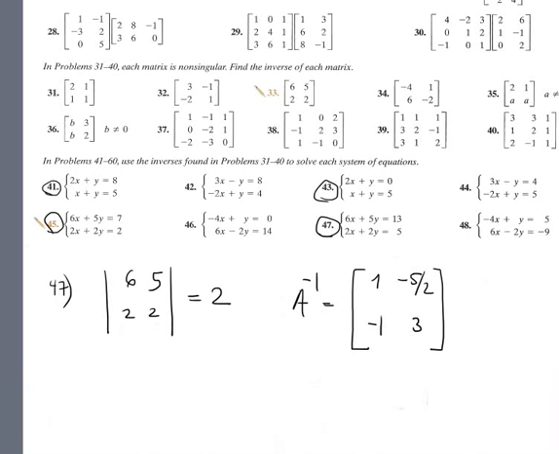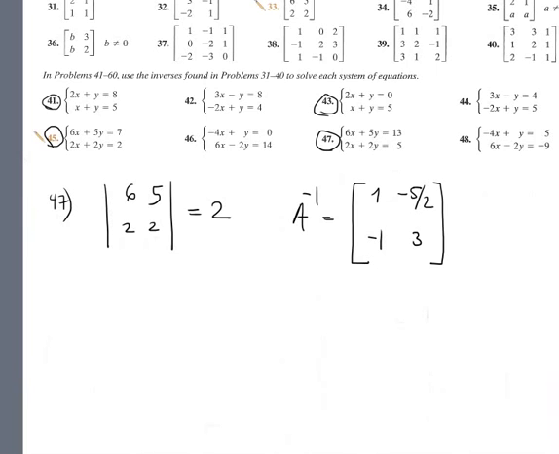Okay, 47 is very similar. The matrix of the system is the same, determinant is 2, inverse is the same. So basically you multiply the inverse matrix times the right hand side vector, which is 13 and 5.